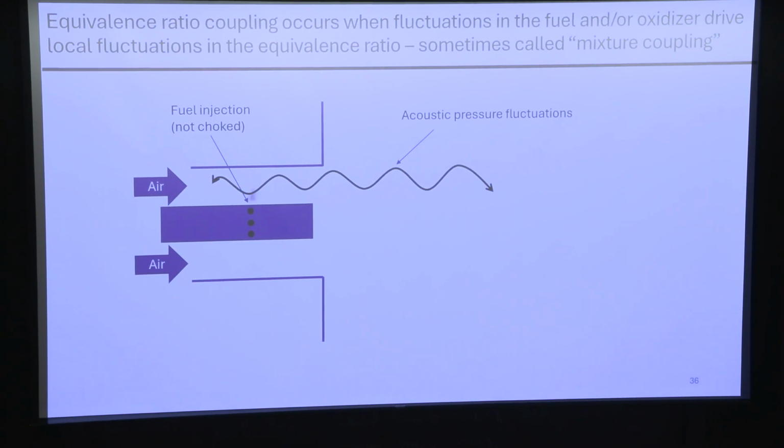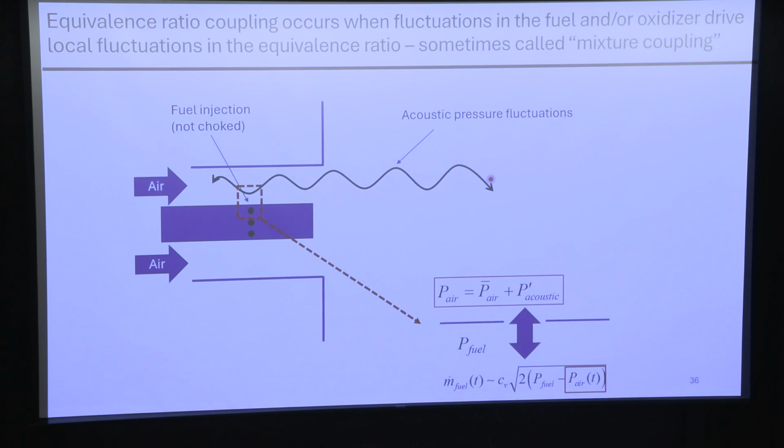So if you look at what's happening, if you have an acoustic fluctuation in your system, you can imagine if I look at one of these little fuel injection holes, the pressure of the air above the hole is fluctuating, right? Because I have the mean pressure and then some acoustic fluctuation. If I have the fuel pressure, which is always greater than the air pressure, or else the fuel wouldn't leave, I can turn that into a fuel mass flow rate, which if the air pressure is fluctuating is going to end up fluctuating, right?